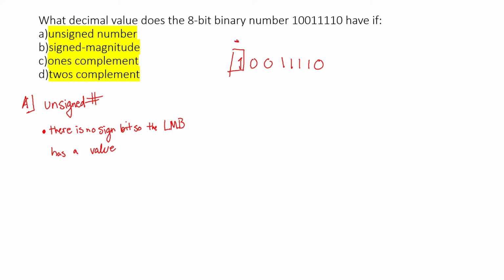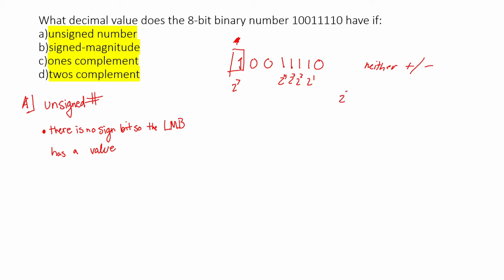But in unsigned numbers, this actually has a value. So this is a 2 to the 7th place. And then we have 2 to the 1, 2 to the 2, 2 to the 3, and 2 to the 4. And this is neither positive nor negative. It's just unsigned.